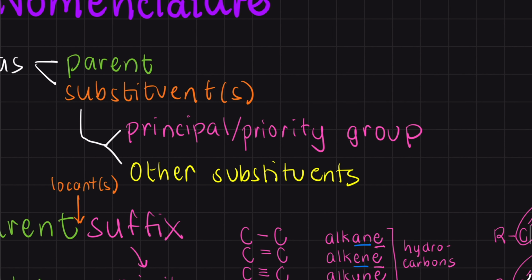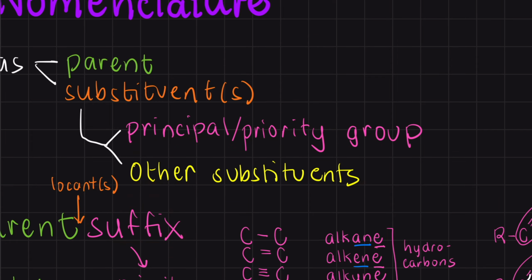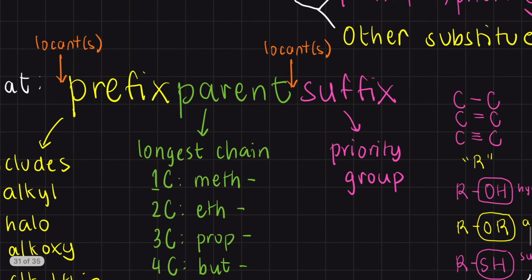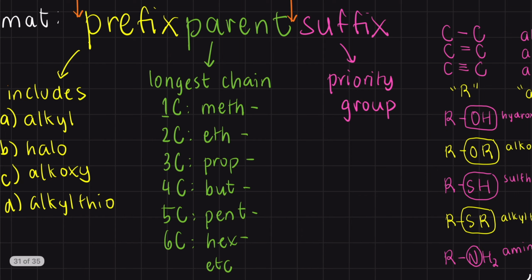Those include the principal or priority group, which is usually found at the end or at the suffix, and other substituents that, for whatever reason, our experts have decided to place at the prefix. But anyway, since the parent is the most important part, we must know that it simply is, in most cases, the longest chain of consecutive carbons.